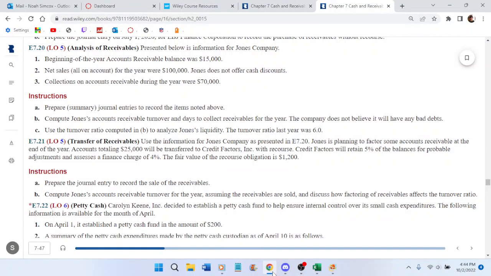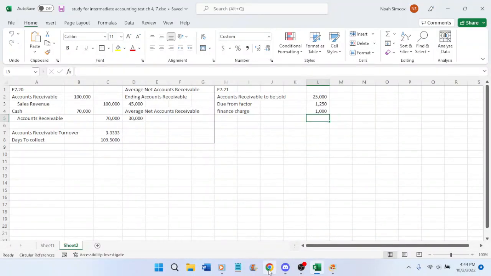Fair recourse liability is $1,200. That's all the information we need to solve the question.